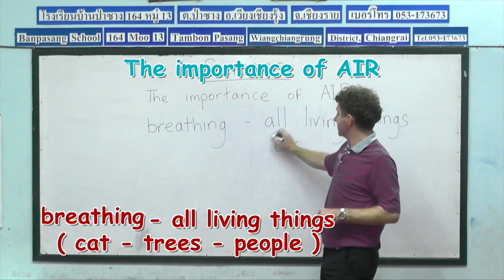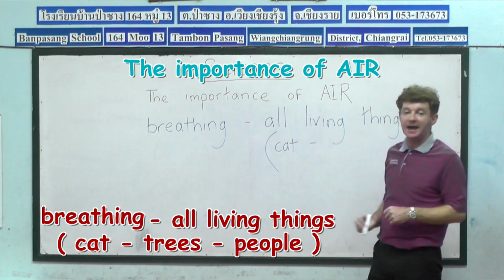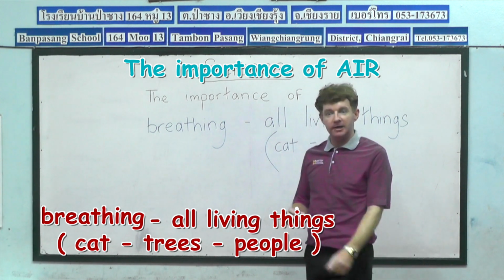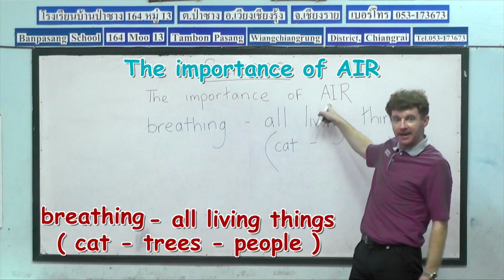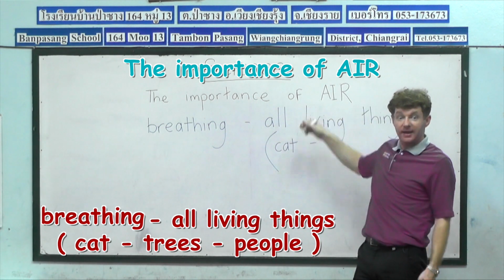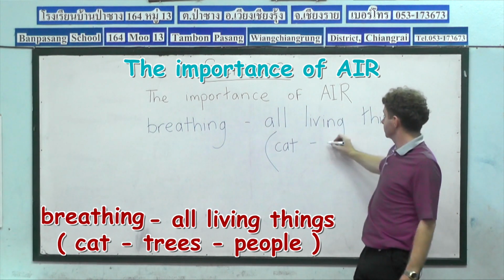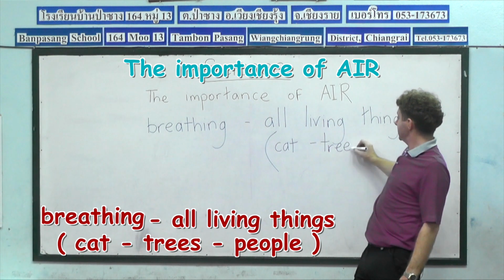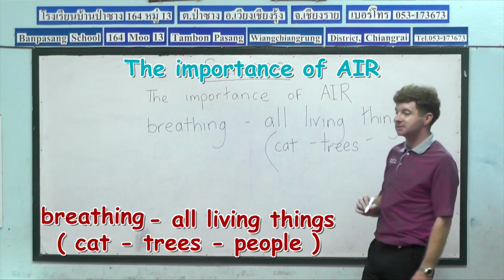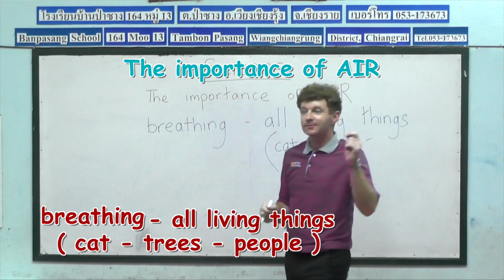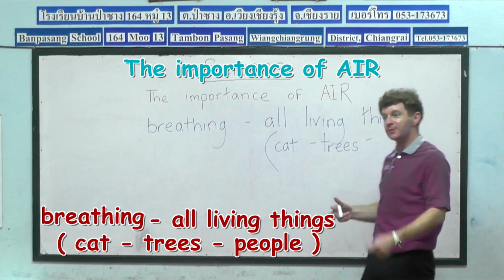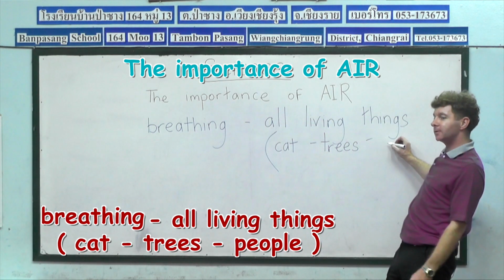Let's see if we can get 3 living things. We've got cats. Trees. Excellent. Trees also need air. If there was no air, trees would die too. T-R-E-E-S. So we've got cats, trees, and people. Okay, we'll include us. How do we spell people?